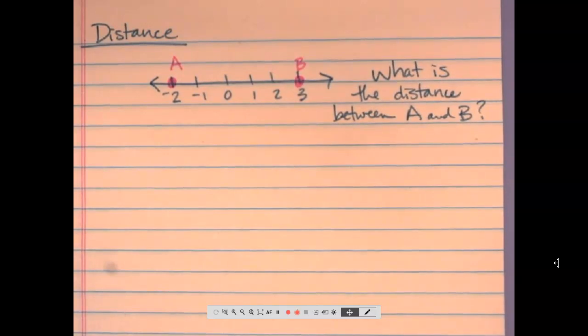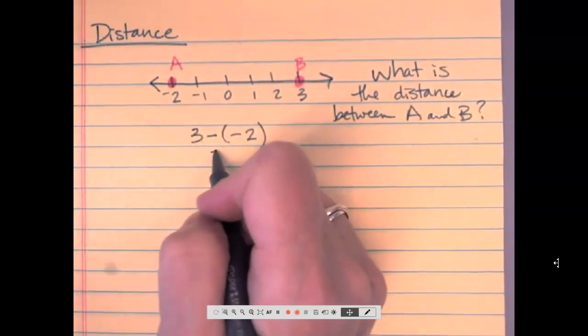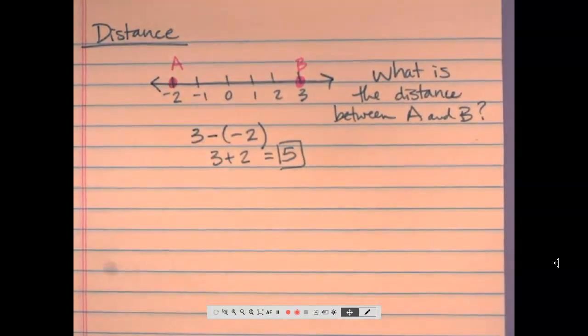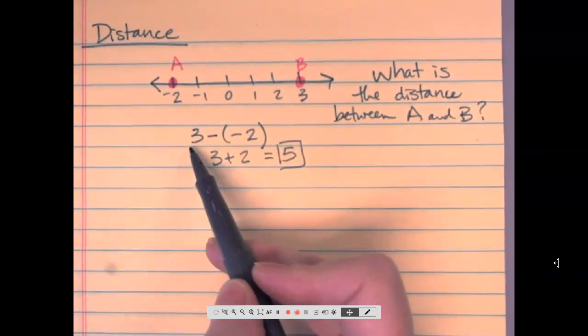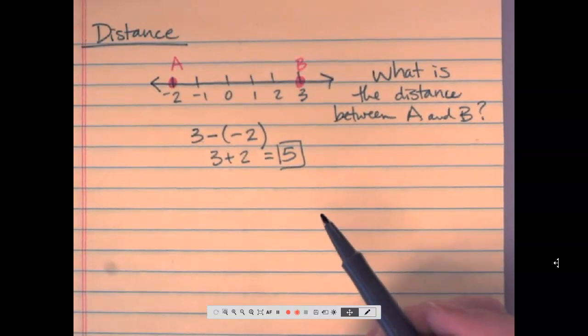All right, so if I wanted to support this algebraically, how would you find this algebraically? 3 minus negative 2 is 3 plus 2, which is 5. So that's our distance, right? Getting there algebraically or getting there by counting spots. So I had to take the bigger and subtract the smaller to get that positive 5. So bigger minus smaller is our distance.